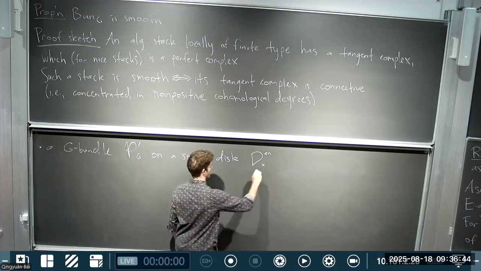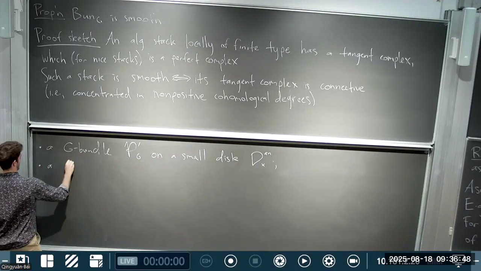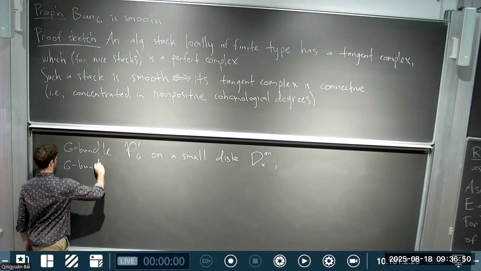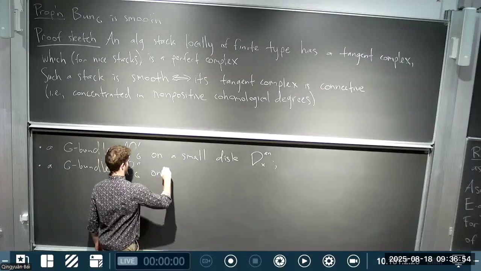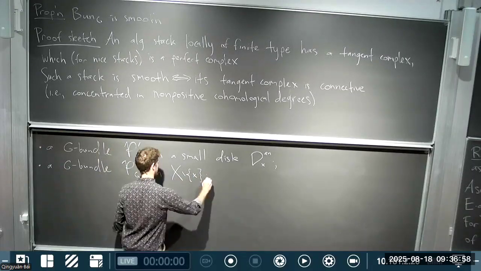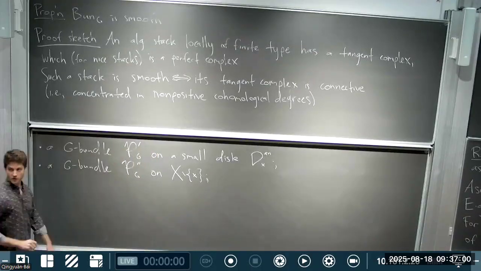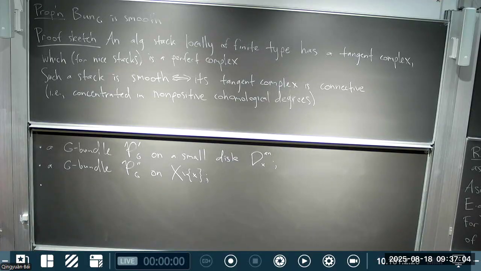The second piece of data is a G bundle P double prime on the complement of the point little x in the Riemann surface, the punctured Riemann surface. And the third piece of data is a gluing datum, gluing these two things together.